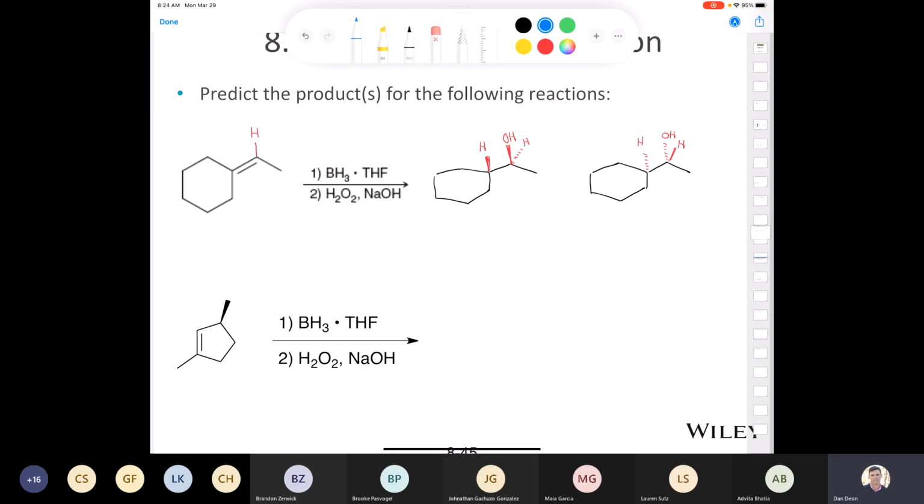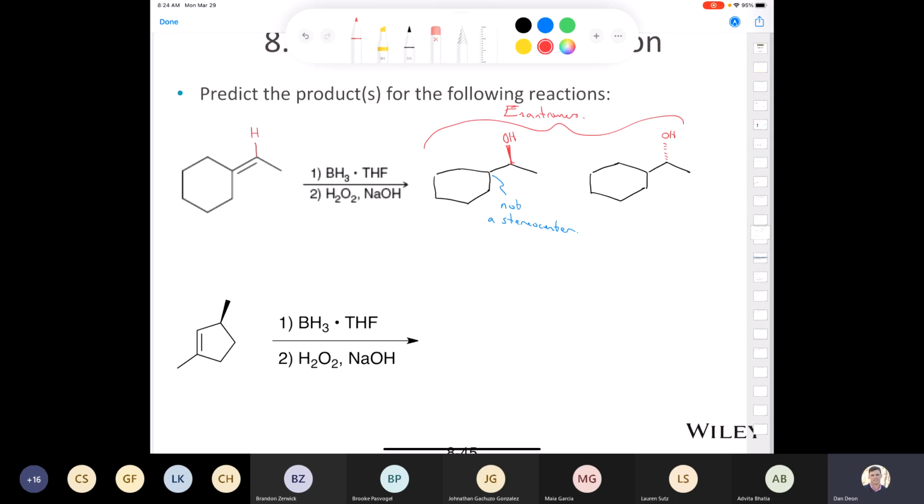This is not a stereocenter, because the pathway going here or going here is identical. So we've only got two products, the two enantiomers. We could even delete these just to make it prettier and say all we end up with are these two compounds, which are enantiomers of one another. There we go.